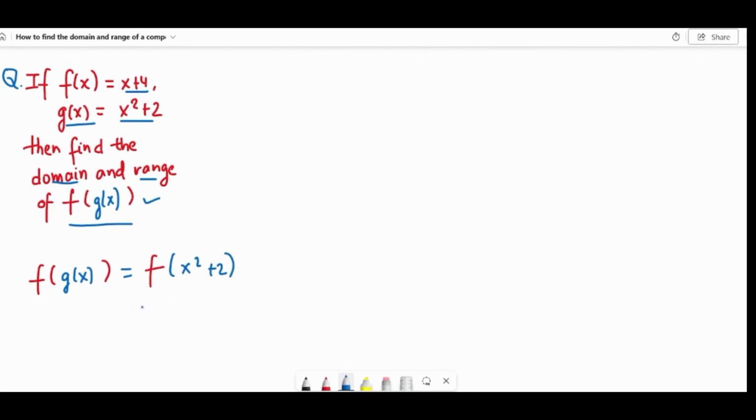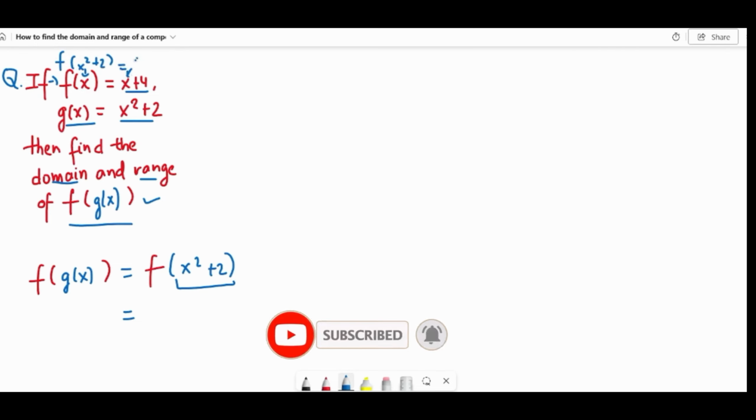Now after this step, you can see that for f, the required input is x squared plus 2. So we will go back to the original function f of x, and here in place of x, we are going to put x squared plus 2 everywhere. So here it will become f of x squared plus 2 equals, here in place of this x also we will put x squared plus 2.